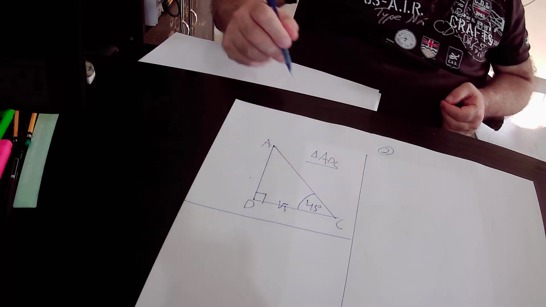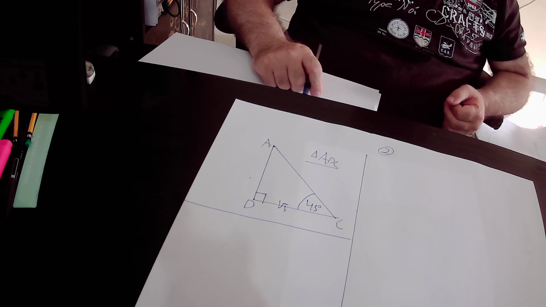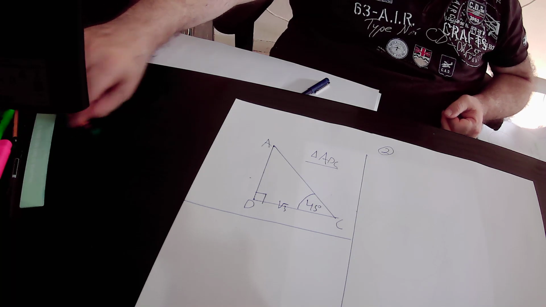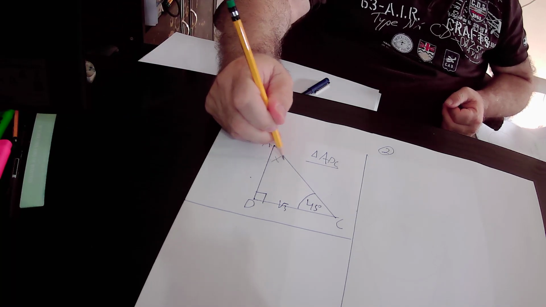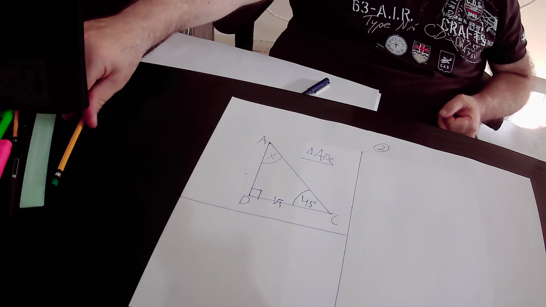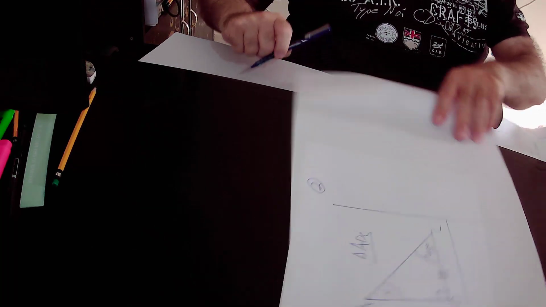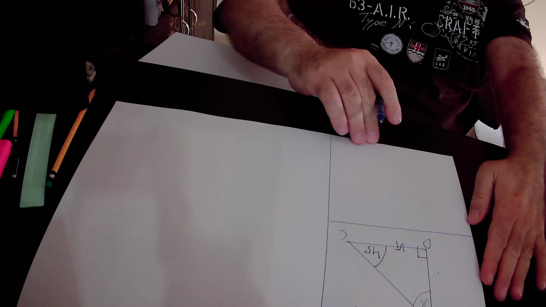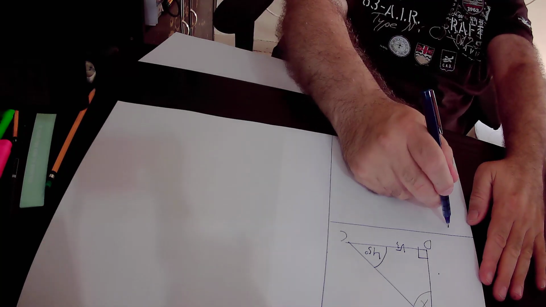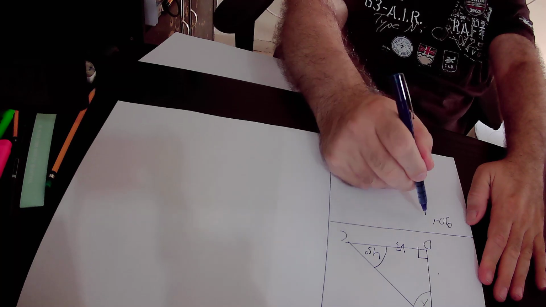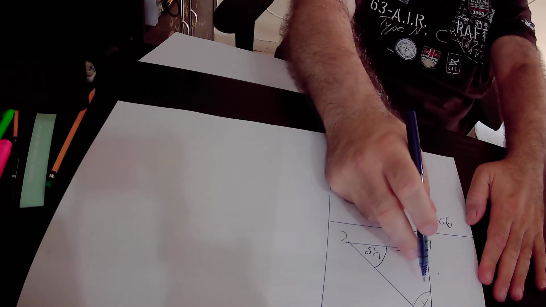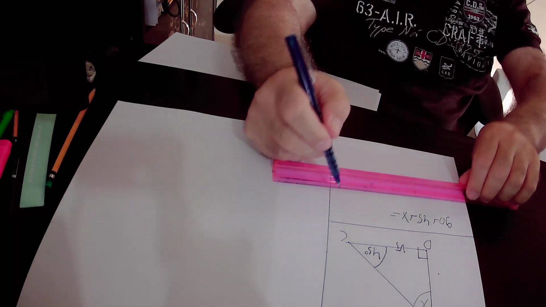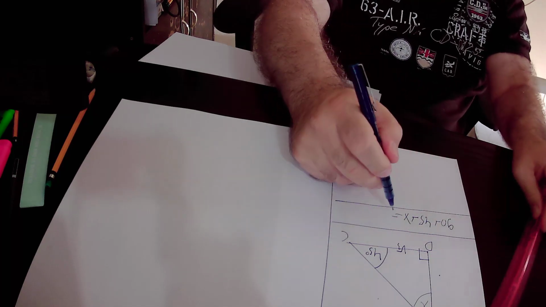We know that the sum of the angles in this right triangle ADC must be equal to 180 degrees. So we define the missing angle as angle X. Which angles do we have inside triangle ADC? We have this angle that is equal to 90 degrees, plus this angle that is equal to 45 degrees, plus the missing angle that is defined as X. In total, the sum of those three angles must be equal to 180 degrees.